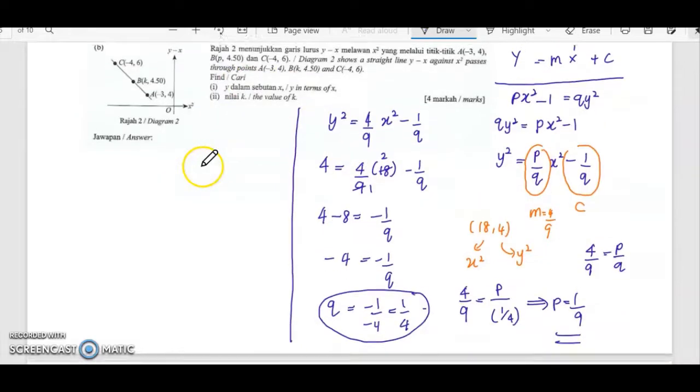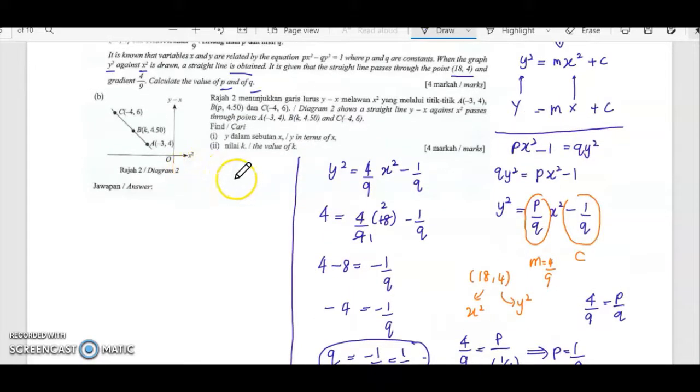Okay, so y in terms of x, before we go to find y in terms of x, we put this part, okay, so y over x, ini dia punya function, and then x squared plus c. Okay, so inilah function untuk y, this one function untuk x.